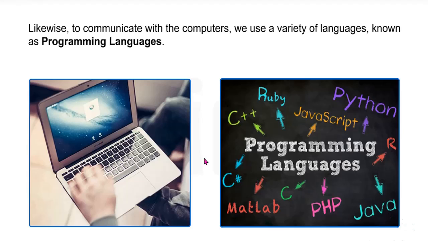You see here, there are many languages: C++, Ruby, JavaScript, Python and C#, MATLAB, C, PHP, Java, R, and there are varieties, even QBasic, which you may have heard about. So there are many programming languages.